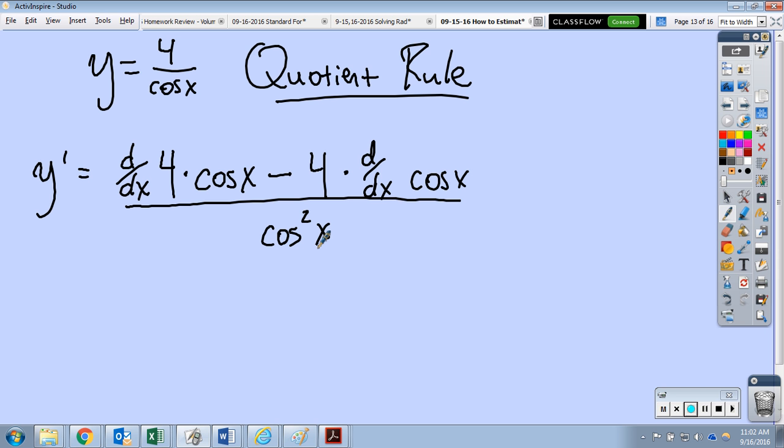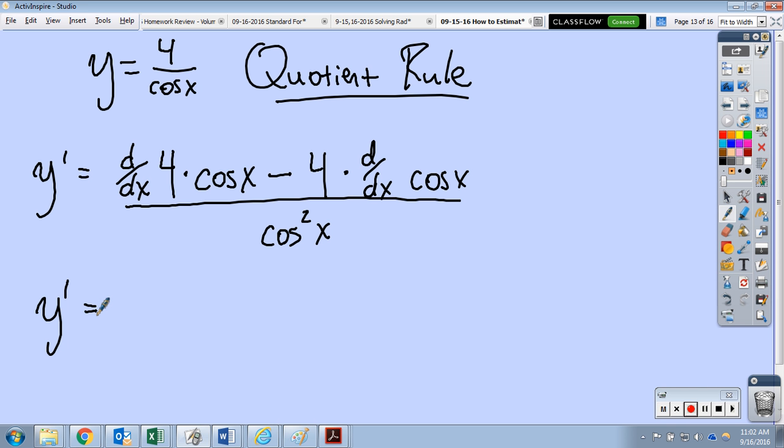So the quotient rule is derivative of the top times leave the bottom alone, minus leave the top alone times the derivative of the bottom, all over the bottom squared. If we simplify this, the derivative of 4 is nothing.